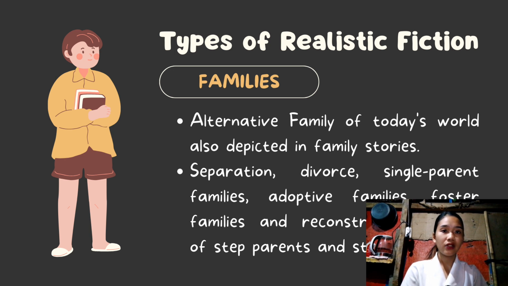The other one is separation, divorce, single parents, adopted families, foster families, and reconstructed families of step-parents and step-children. So, these non-traditional families, literature highlights families shaped by divorce, adoption, fostering, or remarriage, focusing on resilience and care as the foundations of family life beyond biological ties.